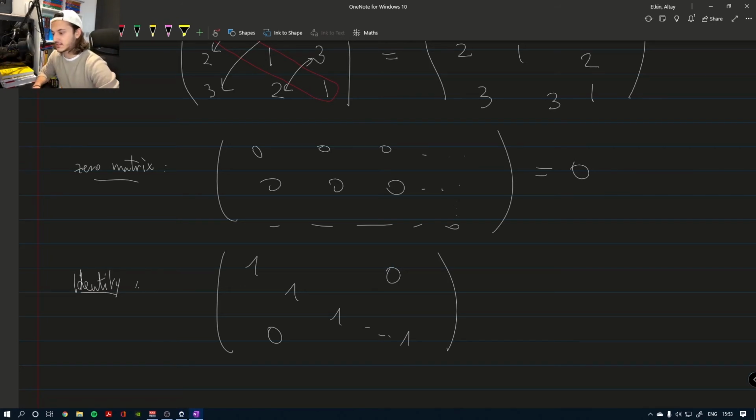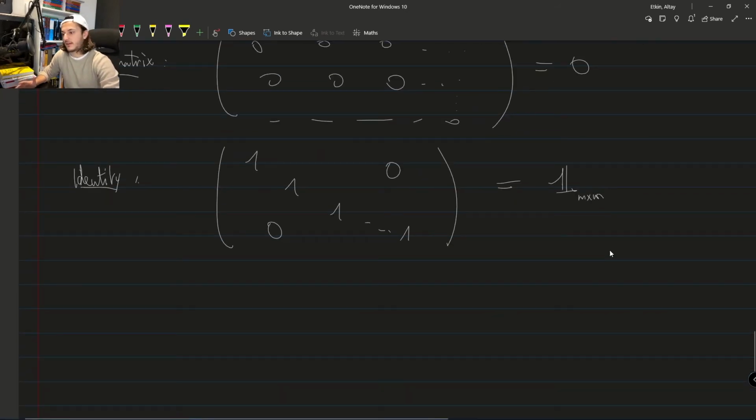And it is a square matrix as well, and this is called the identity. It is usually denoted, in my notation, with an I, with the number of rows and columns indicated. So for example, you have 3 by 3, 4 by 4, 1 by 1.